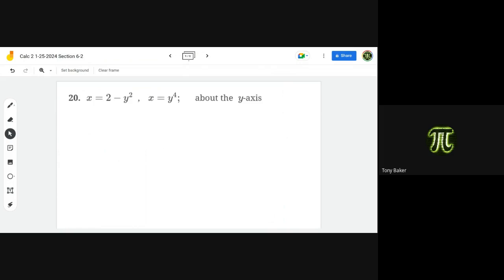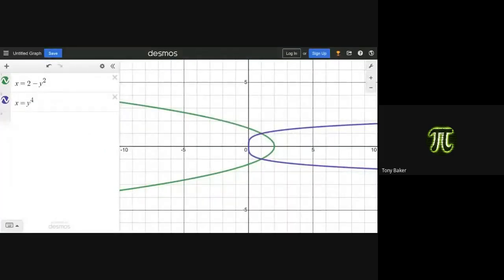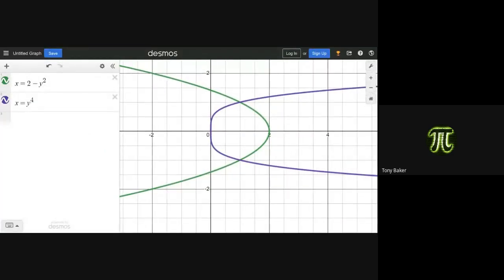All right, so we graph it, and we get this. Why does it look flat now? Because y to the fourth goes to zero quicker than y squared. So it's not flat, it's just really small values. Right minus left.